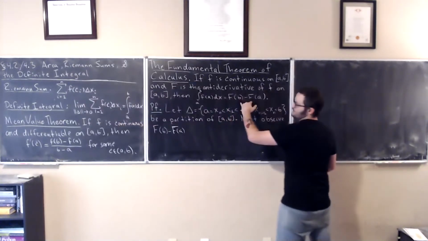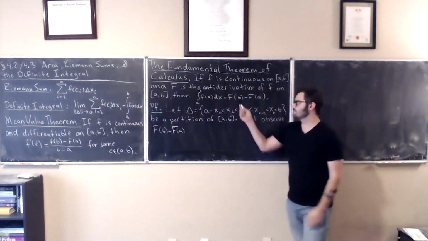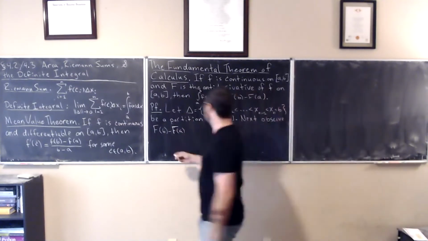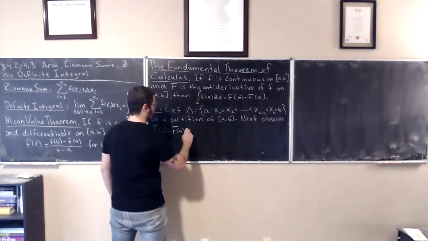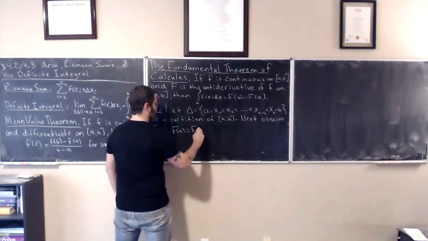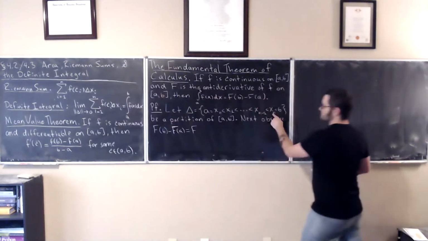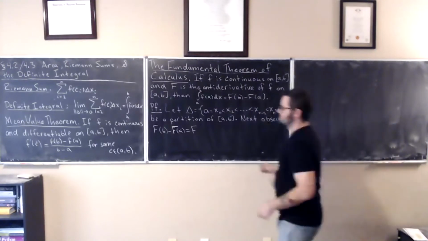So we want to look at that. If we're going to show this equation to be true, we're just looking at that piece. And we notice here that this is the same thing as saying F of the last piece. So xn is equal to b.